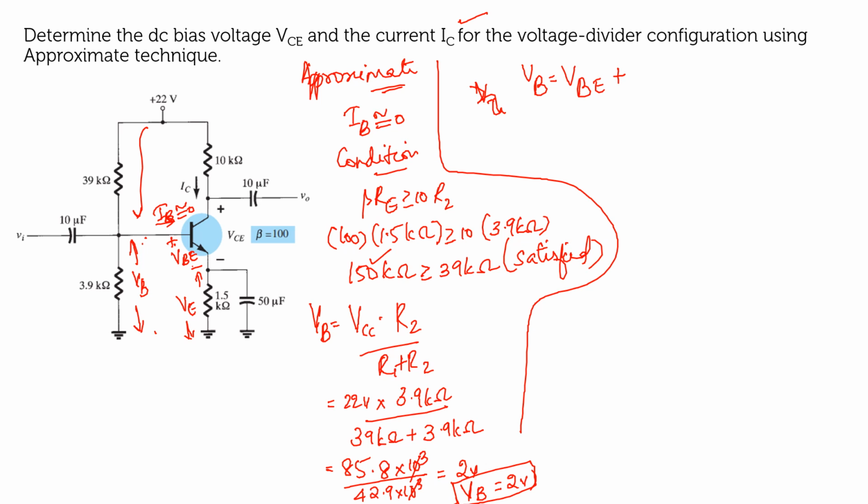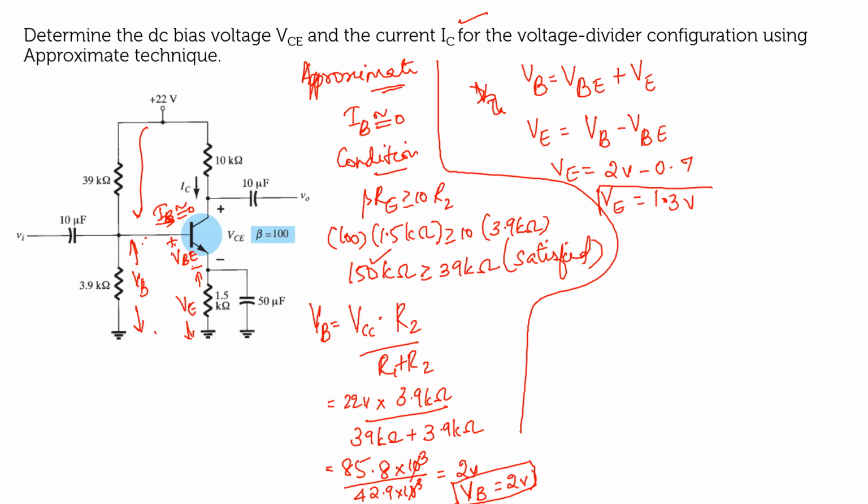From this, can you calculate VE? VE is equal to VB minus VBE. VB already you have calculated: 2 volt minus VBE, you know that it is 0.7. So VE will be equal to 1.3 volt, right?